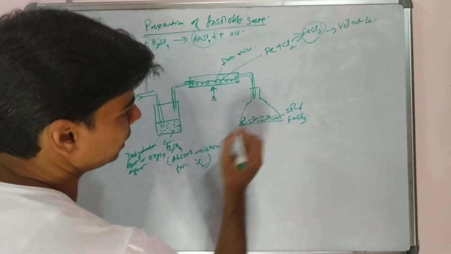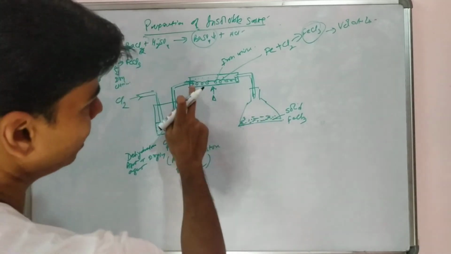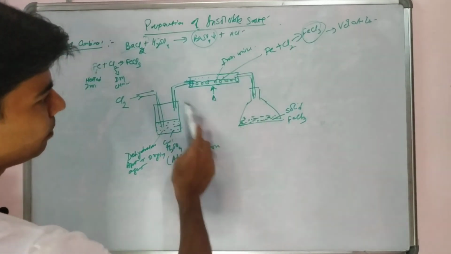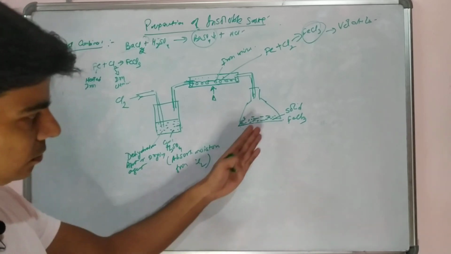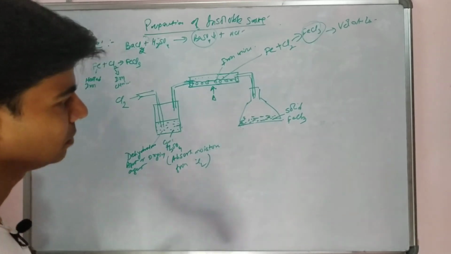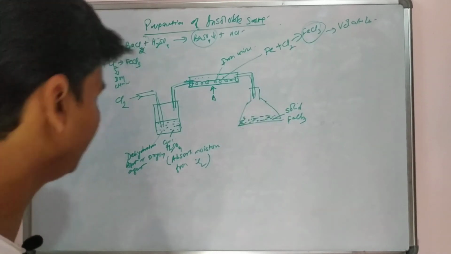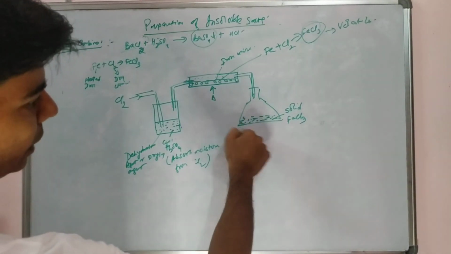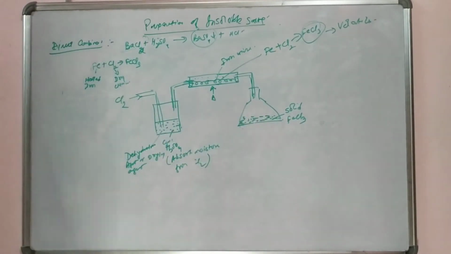So you have solid ferric chloride getting formed from the reaction of iron and chlorine in this combustion tube, which comes into this container, and solid ferric chloride will settle down here. So this is how we prepare it in the lab.